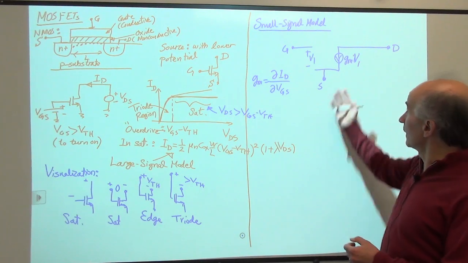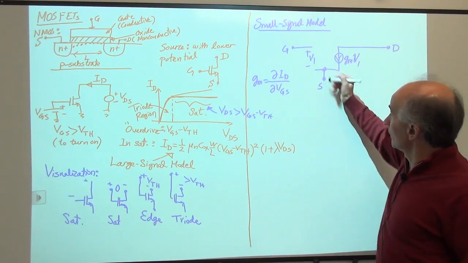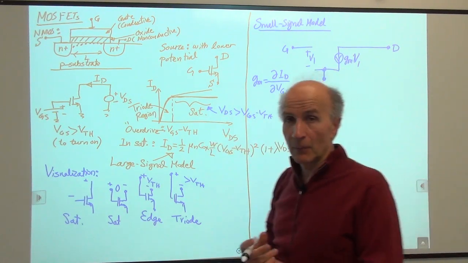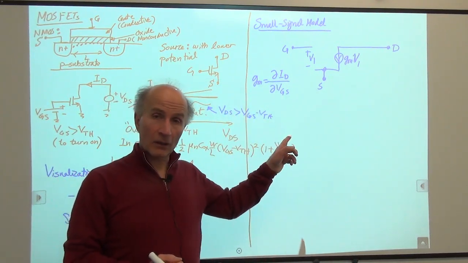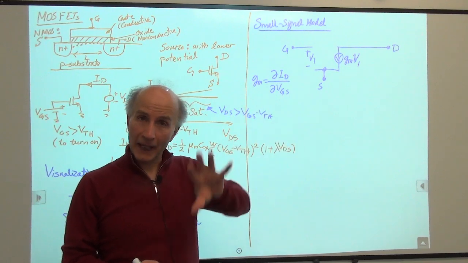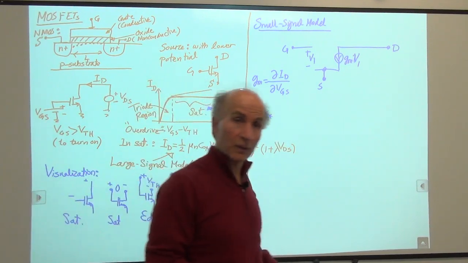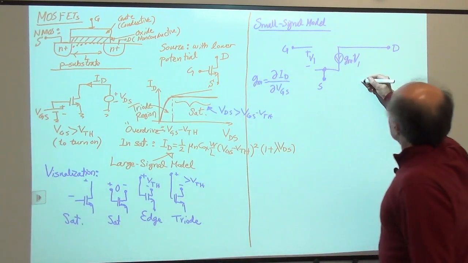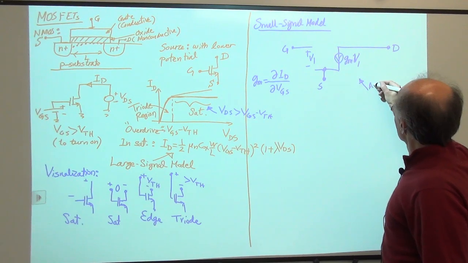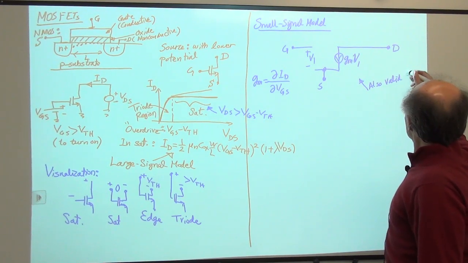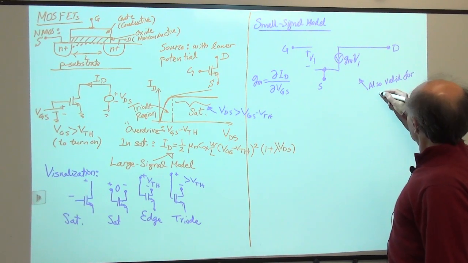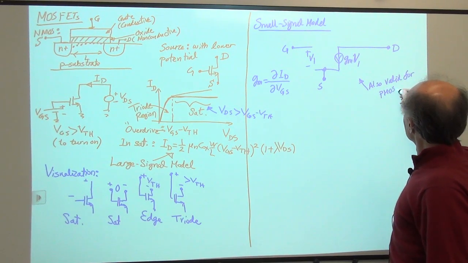This is the simple small signal model of the MOS transistor. And again, I emphasize this model is valid for NMOS and also valid for PMOS devices. There's no distinction.